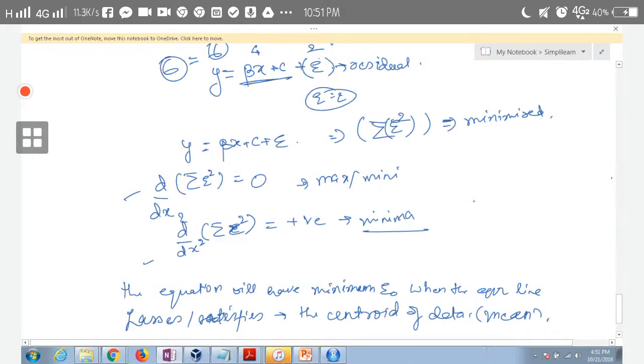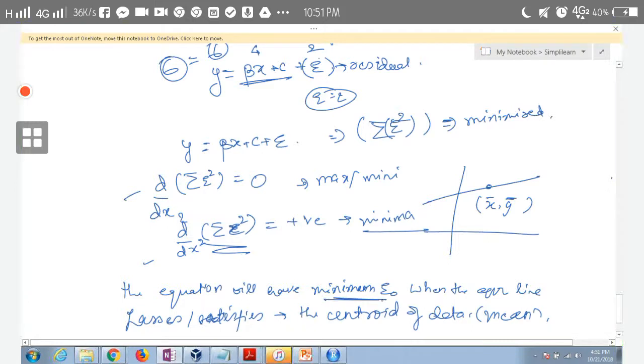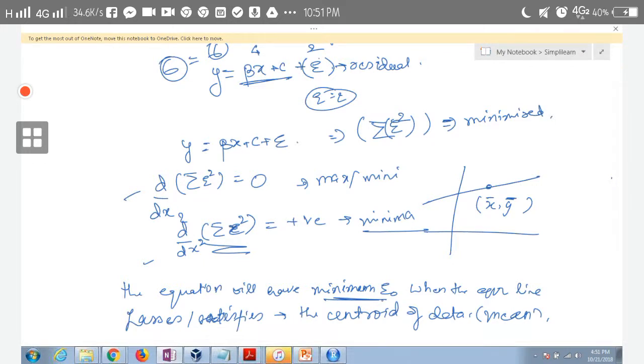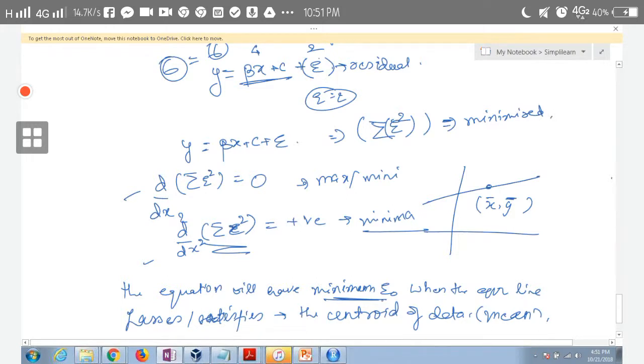So the line always passes through x bar, y bar to be minimum. So this is least square estimation. You already know at least one data point through which your model line is passing. Clear till here? Any doubts till here?